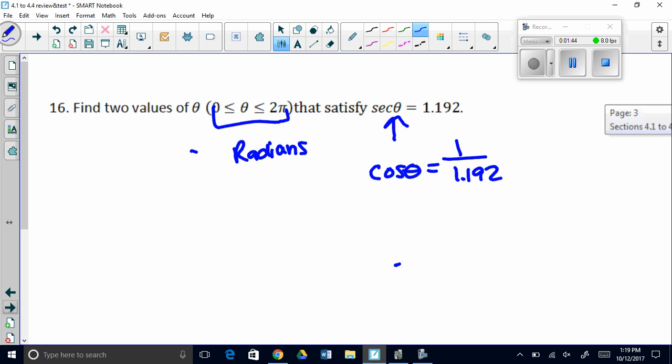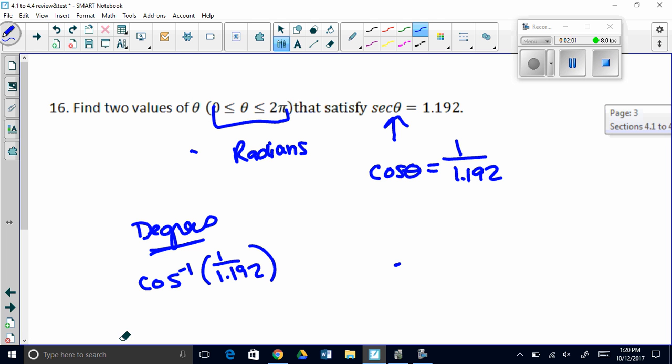Let's go ahead and do this in degrees for just a second. Now this would not get me full credit because it wants radians. I'm just doing this to help with the explanation. So we do the inverse cosine of 1 over 1.192. And we just go to our calculator. If we're doing it in degrees, we make sure it's in degrees.